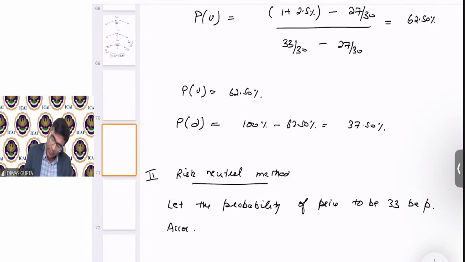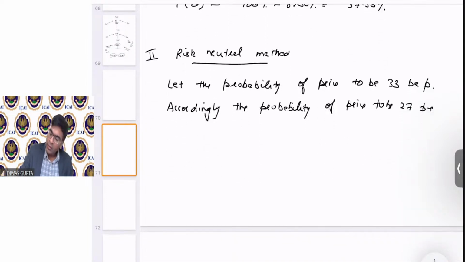Accordingly, the probability of price to be 27 is 1 minus P, students.